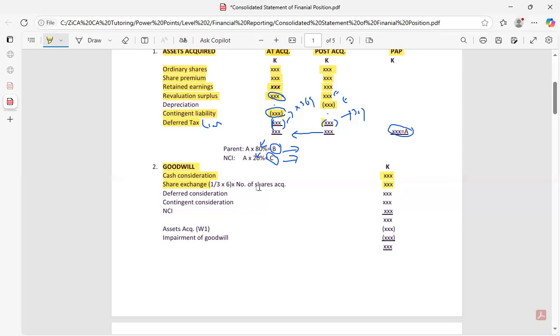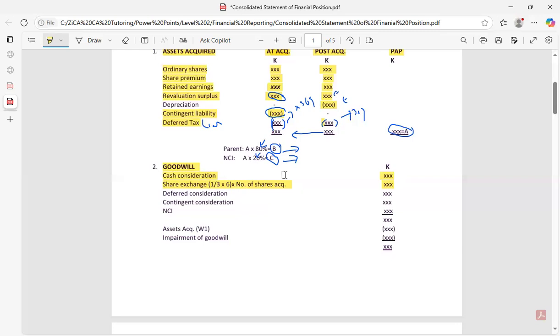It's a bit tricky here. Explaining it by word of mouth is a bit of a challenge, unless we actually have a question relating to share exchange. But I think the question that we're going to go through is the one that has a share exchange.